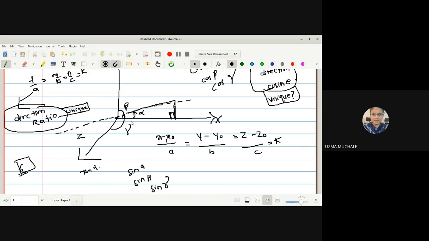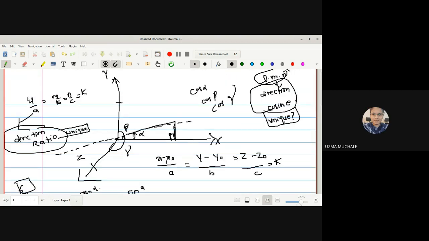With cos beta we can find the value of y, and with cos gamma we can find the value of z. Is it okay?